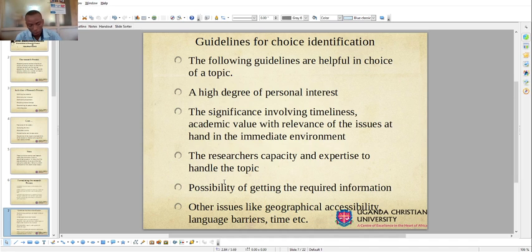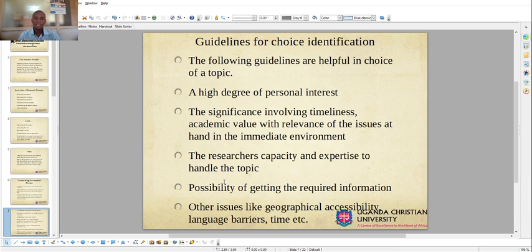Don't do a topic on inflation or on money and banking when you're not interested in that area. However much you could be seeing a problem in that area, if you're not that much interested, please don't venture into it.